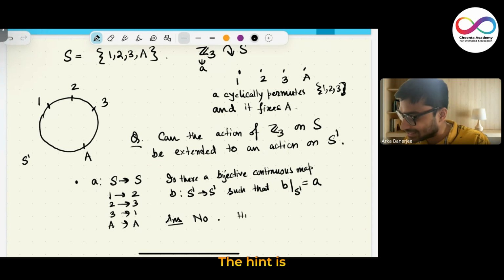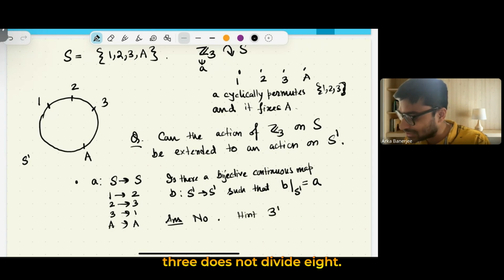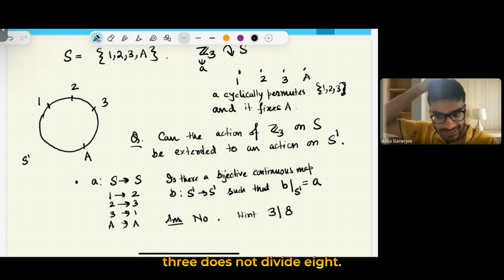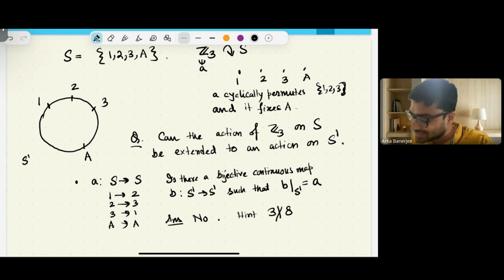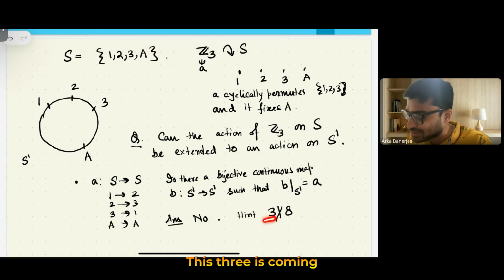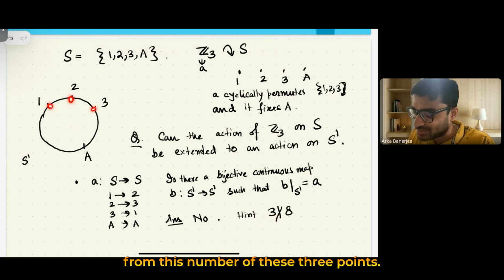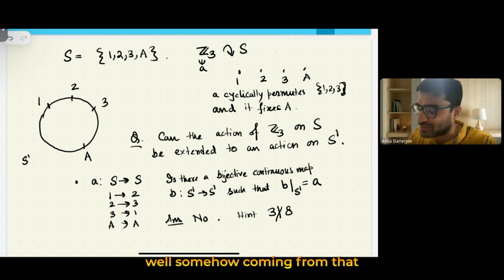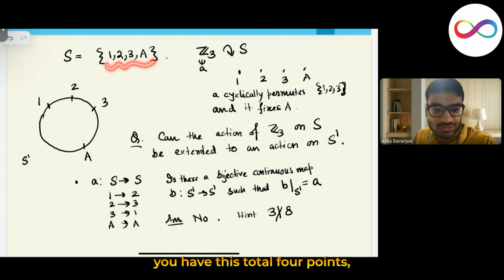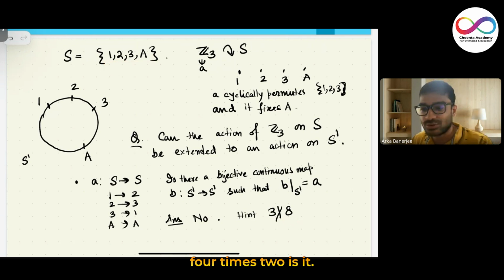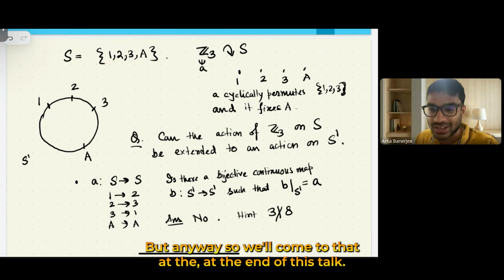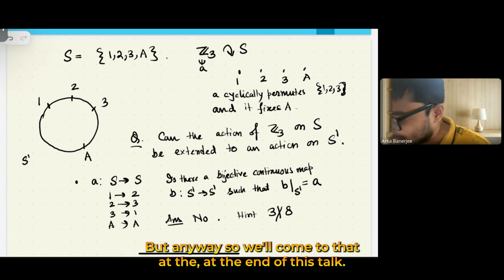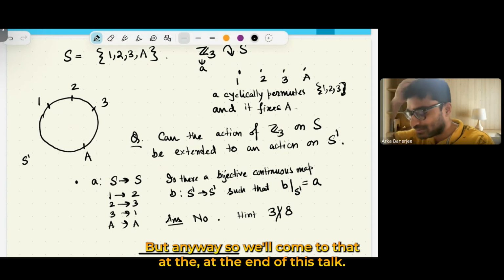The hint is 3 does not divide 8. This 3 is coming from the number of these 3 points, and this 8 is somehow coming from the fact that you have a total of 4 points, 4 times 2. But anyway, we'll come to that at the end of this talk.